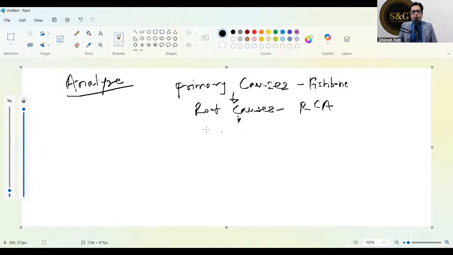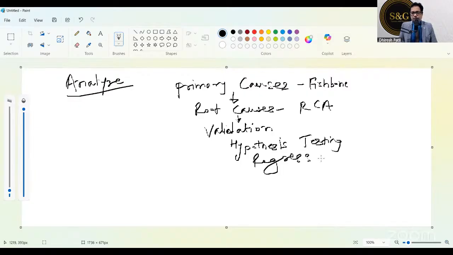Now, once the root causes are identified, then we go for validation. And validation is done through hypothesis testing, regression, and DOE, etc. Okay.